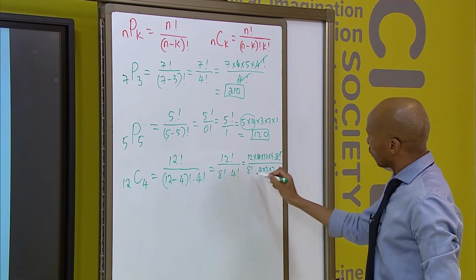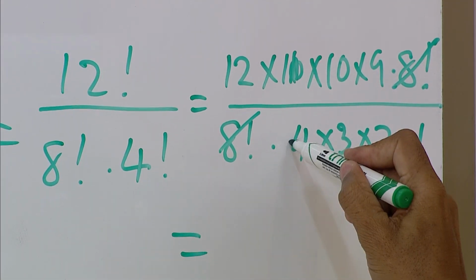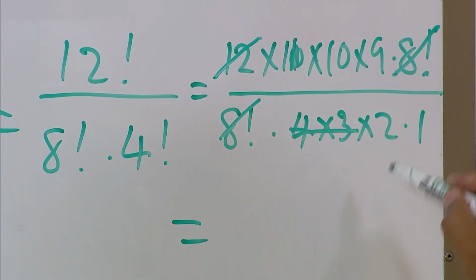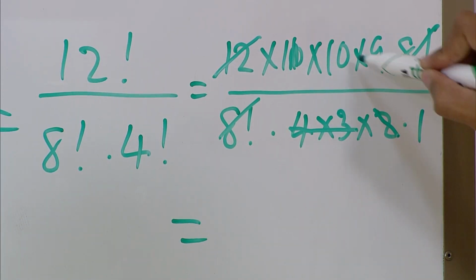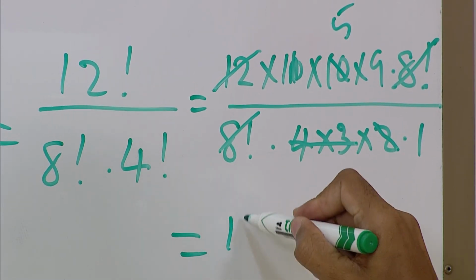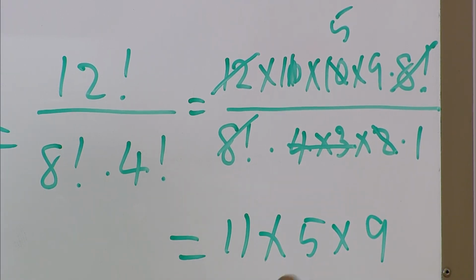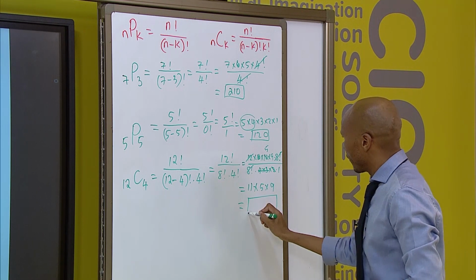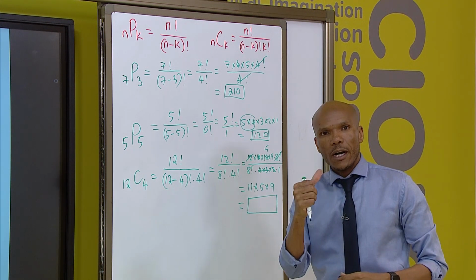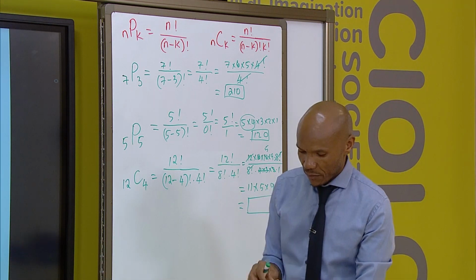So this is going to cancel with that. Then 4 times 3 is 12, and that is going to cancel with that. So you are left with 2 there, and that is 5. So that will be 11 times 5 times 9. And the answer that you get will be your combinations.